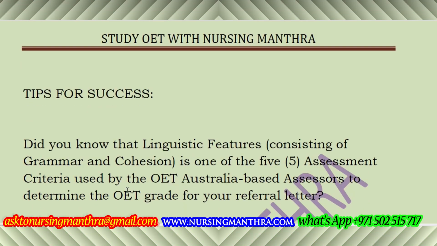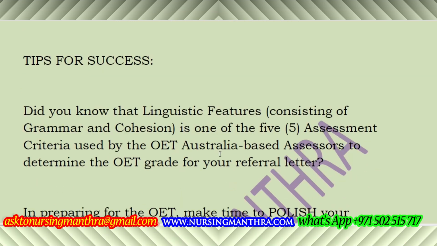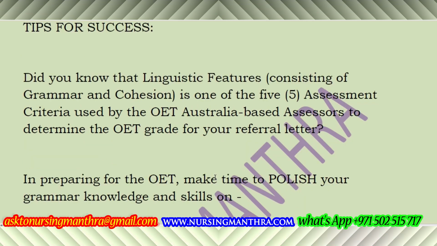So what is the tip for success? Did you know that linguistic features, consisting of grammar and cohesion, are among the 5 assessment criteria used by the OET Australia-based assessors to determine the OET grade for your referral letter?